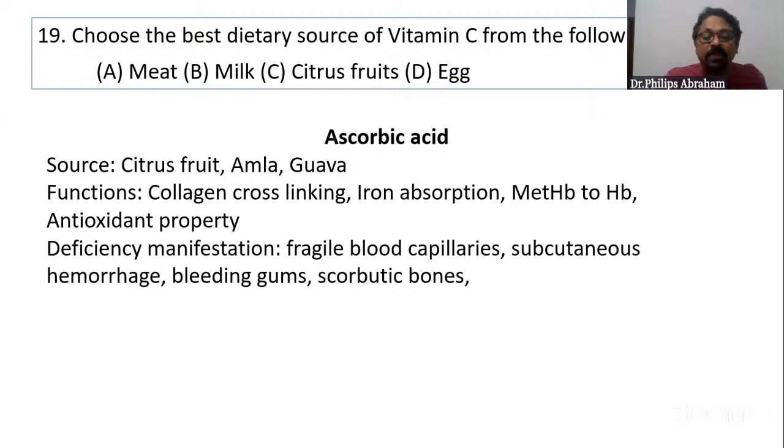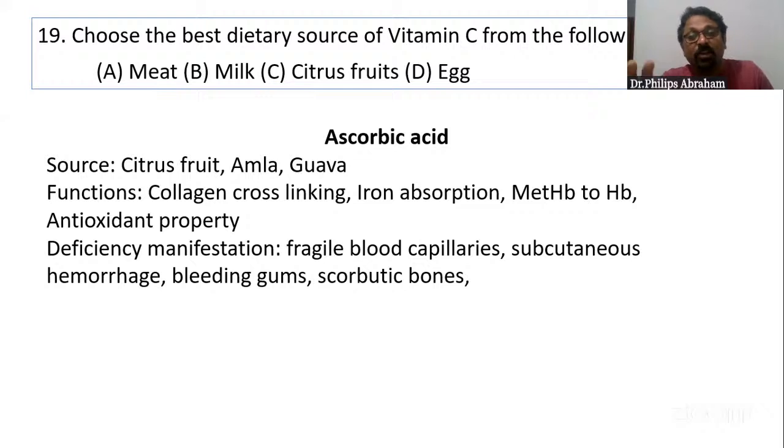Another feature is that it can have anemia. Why? Because iron is not getting absorbed, so heme formation is reduced. Also, because of hemorrhage, we lose RBCs, so we are losing hemoglobin.